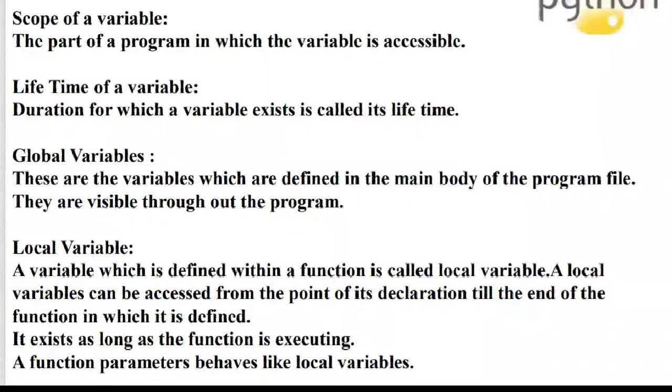A local variable can be accessed from the point of its declaration till the end of the function in which it is defined. It is accessible only in that block. It exists as long as the function is executing. This is the lifetime: if I have declared it inside a function, the lifetime of the variable lasts only till the function ends. After that, the variable will not exist in the memory.